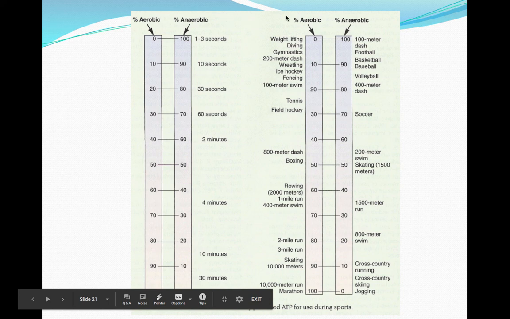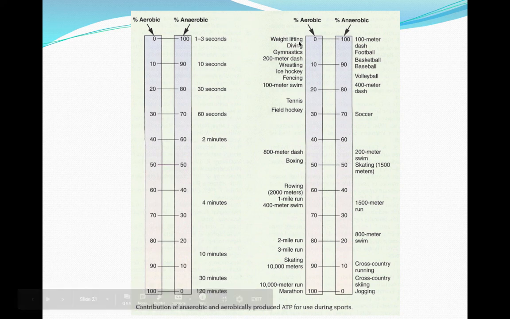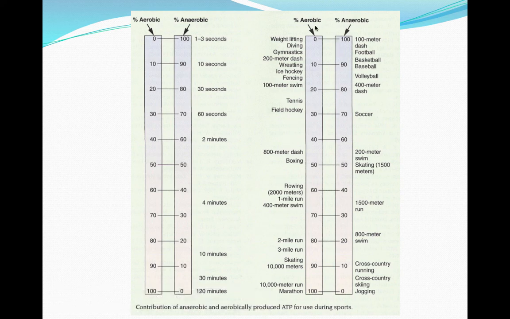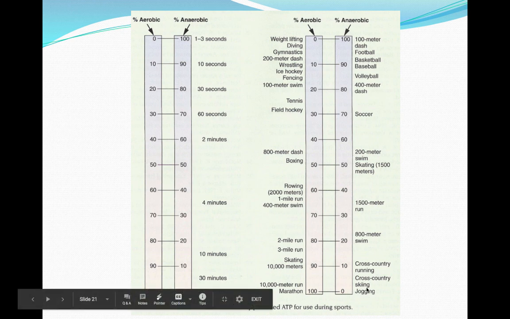But this is one of those other graphics that's showing you a bunch of examples of events that are primarily anaerobic on this right side, and then primarily aerobic, right? You can see down here how it kind of switches over.